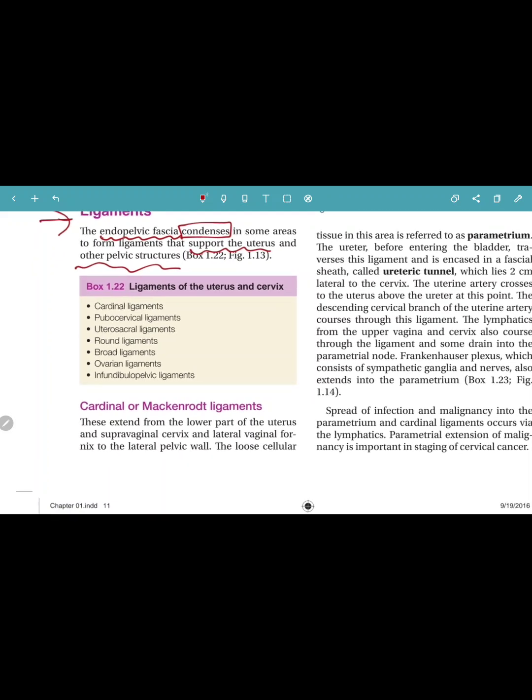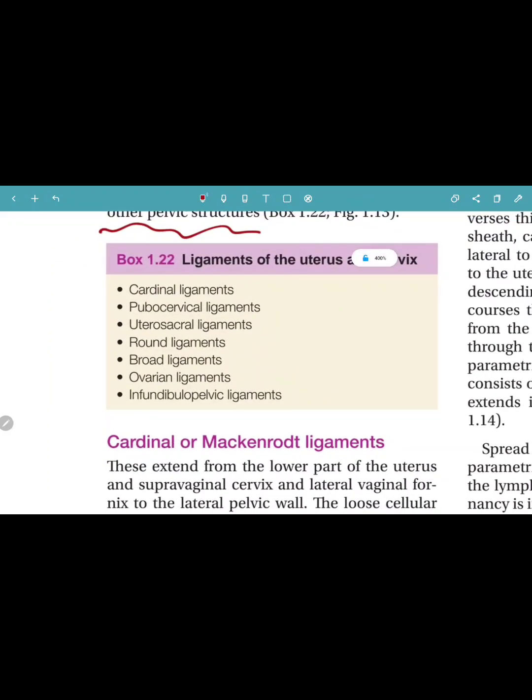What are these ligaments of uterus and cervix? This is a very, very important short note. Write a short note on ligaments of the uterus and cervix.